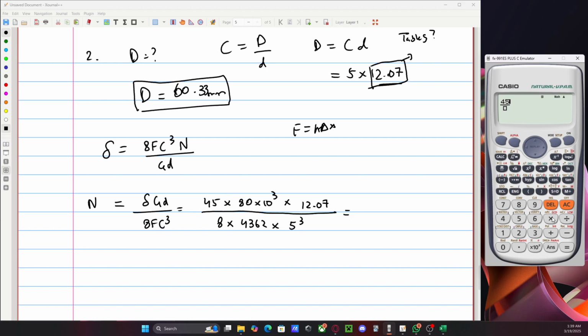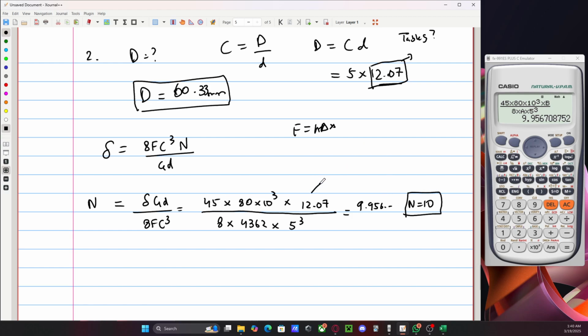So 45 times 80 times 10 cubed times alpha B over 8 times alpha A times 5 to the power of 3. This gives us an active turn of about 9.956, which is around 10, so N equals 10 active turns.